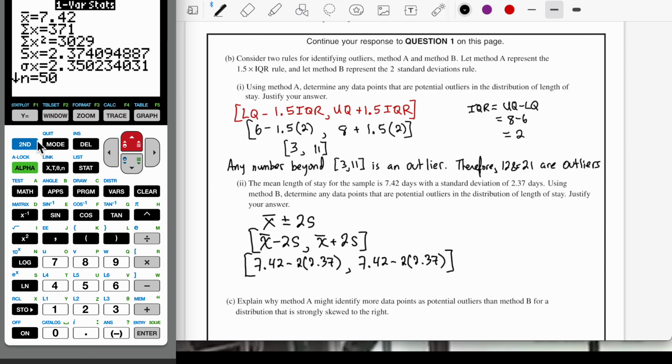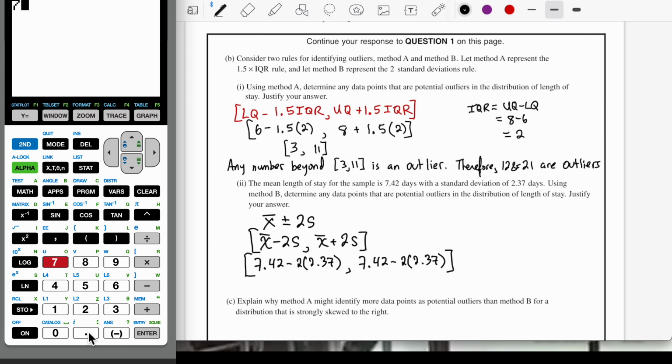All right. So I have all these numbers stored in here. I could use the unrounded form, but like I said, they gave us the rounded values, so we'll use their values. So 7.42 minus 2 times 2.37, just the 37, not 237. That gives us the low bound.